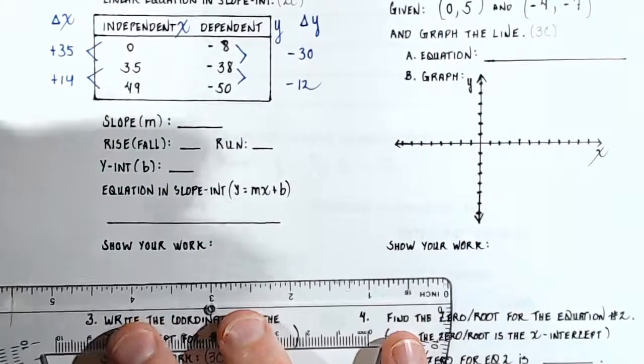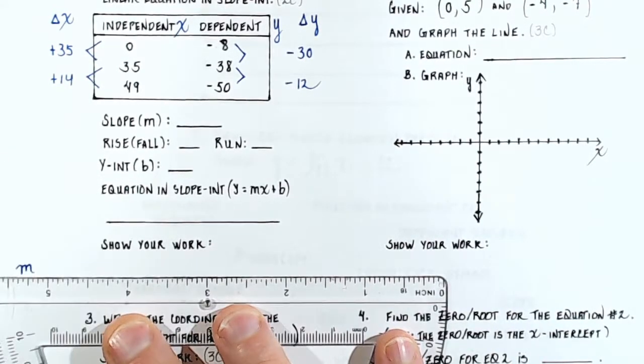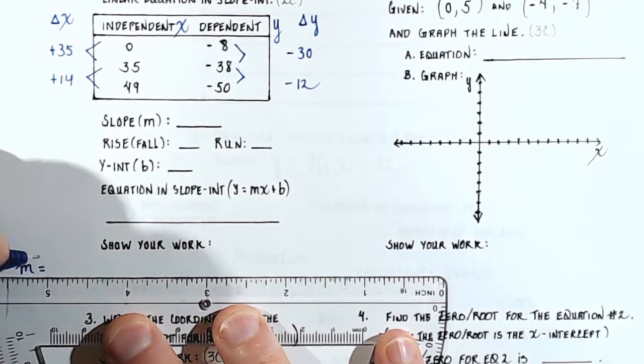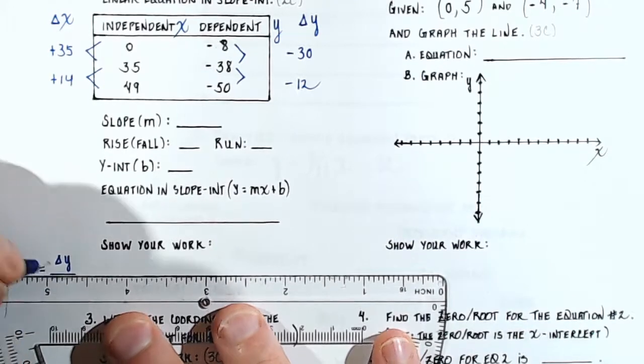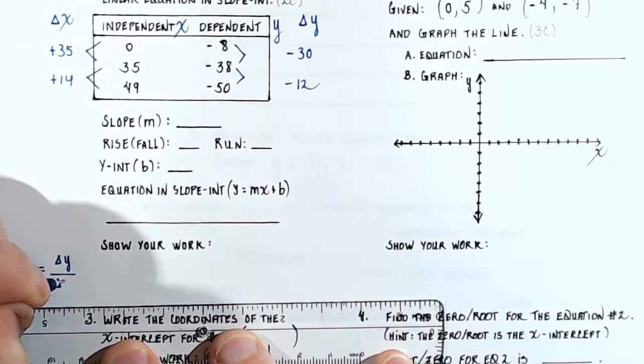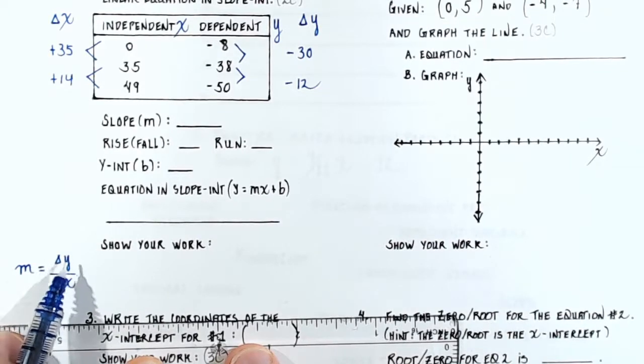Let's remember this definition of slope. Okay, so one of the definitions of slope says that m is equal to the change in y over the change in x. And that symbol, that triangle, means delta in Greek, and it means change in mathematics.